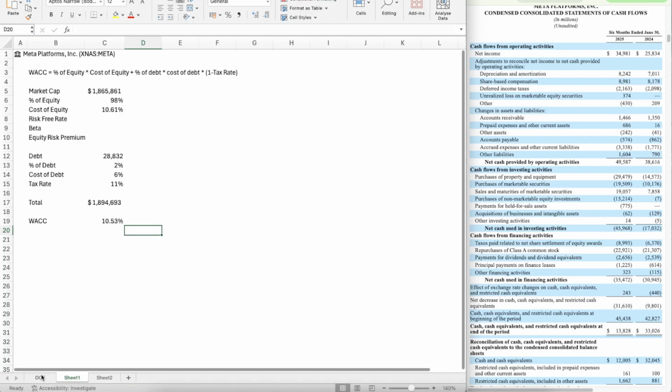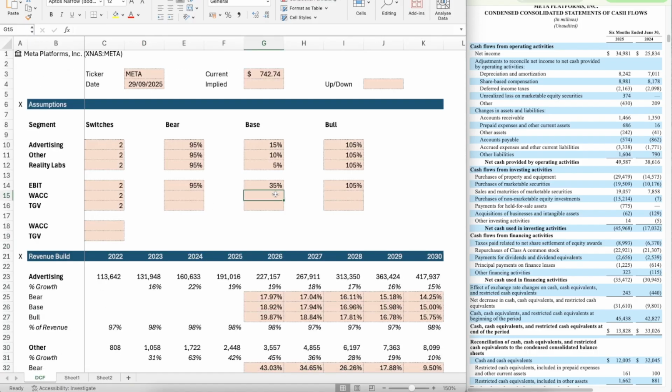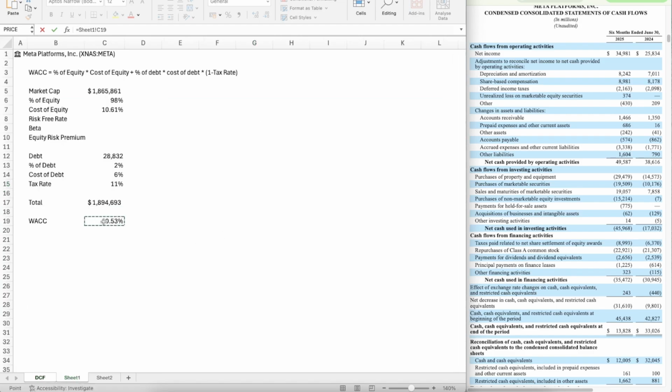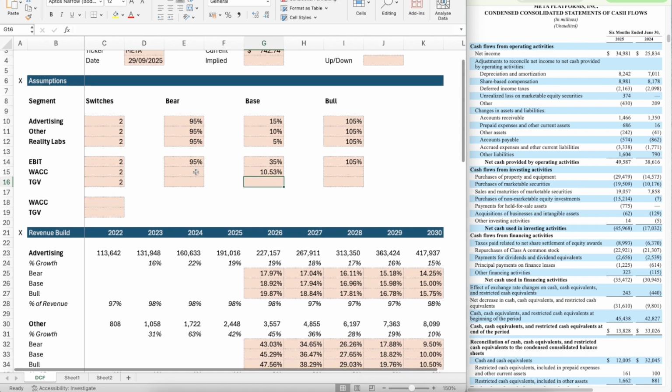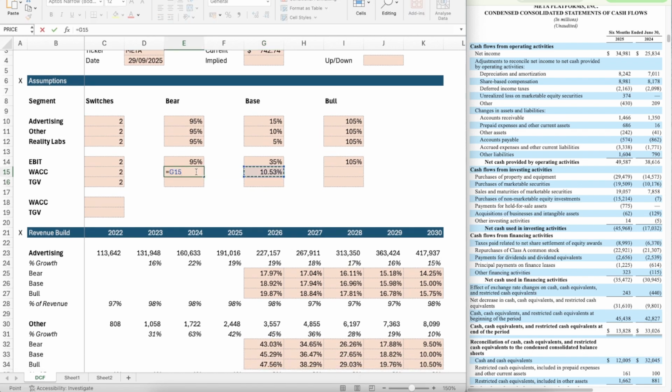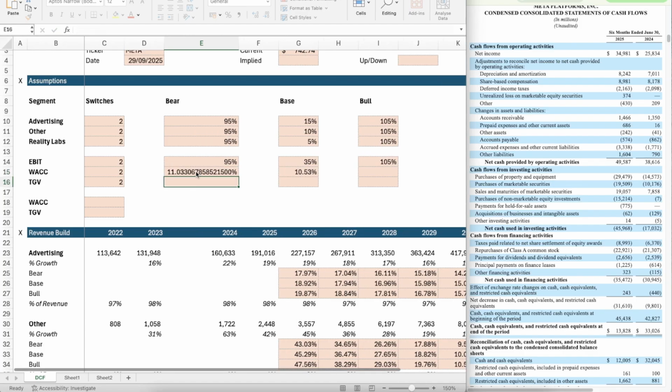Just put that into this box. So we go equals. If you've got it on your spreadsheet, make it dynamic, make it linked. If not, just type in 10.53%. For the bear case, we do the base plus 0.5%.